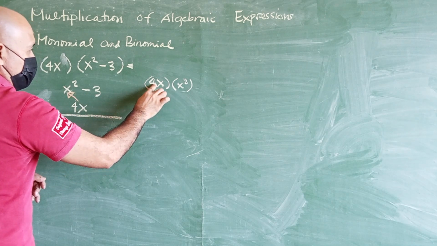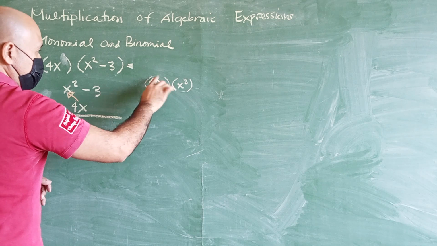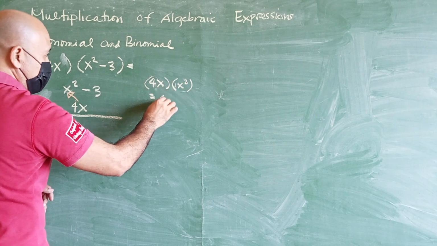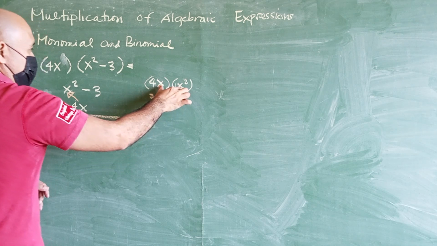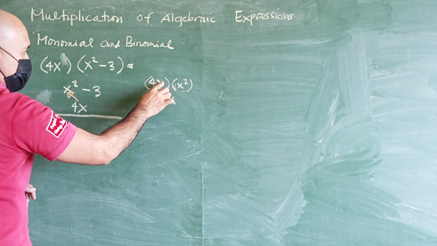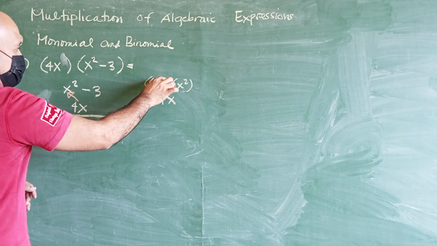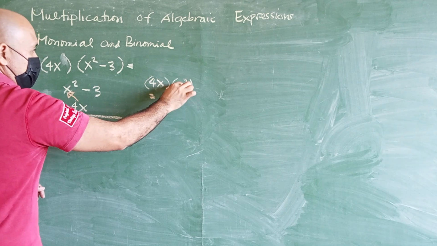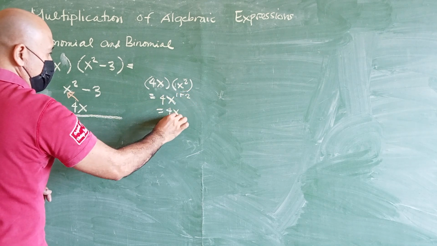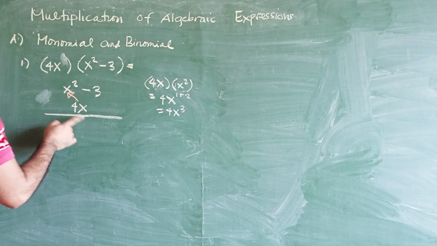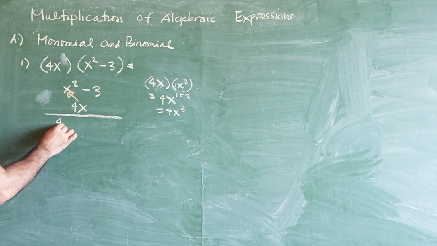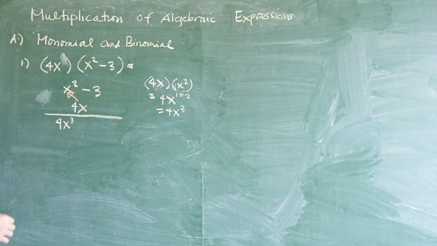To recall, if you multiply number and number, there is an understood 1 here, so 4 times 1 is 4. And if you are multiplying the same variables, just copy the common variable and add the exponents. The first x has exponent 1, plus the second exponent 2. Therefore the answer is 4x raised to the power of 3. So when we multiply 4x times x squared, the result is 4x cubed.